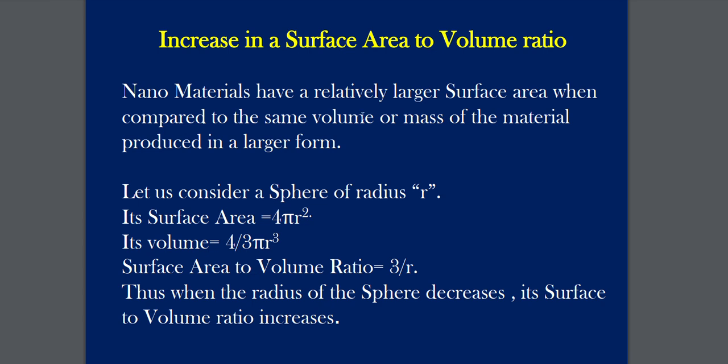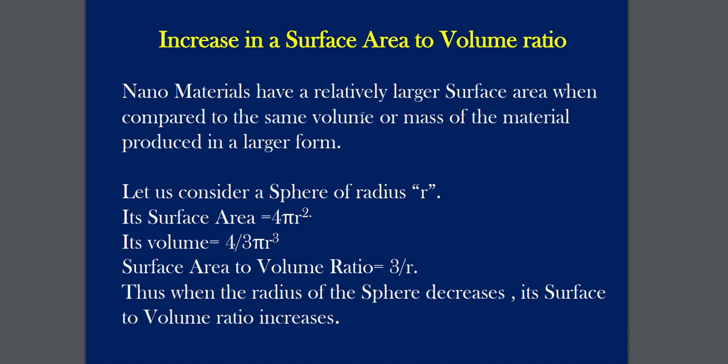Most of the physical and chemical attributes of nanomaterials are due to the surface to volume ratio, which is defined as the surface area divided by volume. Nanomaterials have a relatively larger surface area when compared to the same volume or mass of the material produced in a larger form.